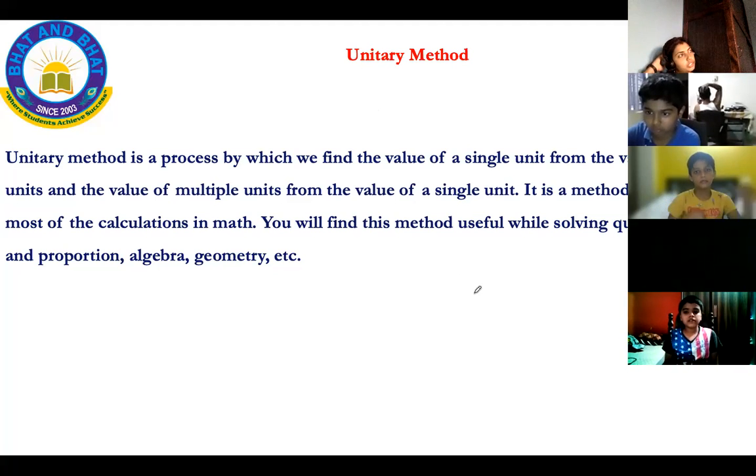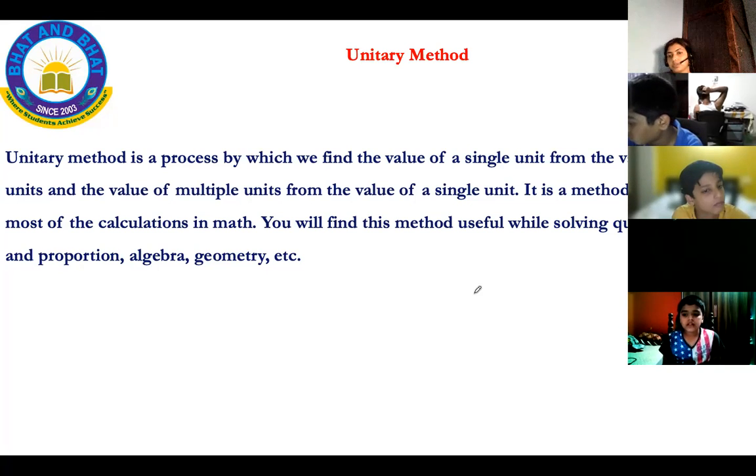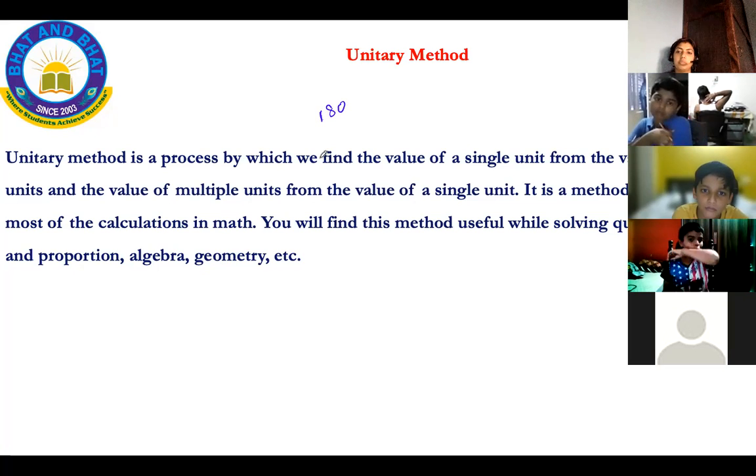So, from unitary method, we can find the value of a single unit from many. Means what? Now, you go to a vegetable shop, you will bring 4 vegetables. Then after coming home, you will give some rupees, something around like 180 rupees you gave, you think. After coming home, your mother will ask, how much did you pay for carrots? How much did you pay for potatoes?